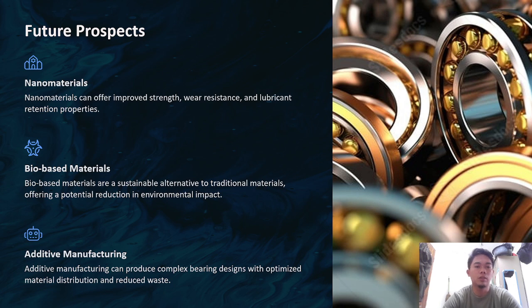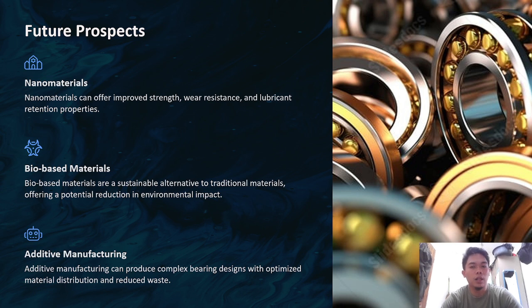So let's go to the, let's say, last slide. So this is the future prospects. So the future prospect is the nanomaterial can offer improved strength, wear resistance and lubricant retention properties.